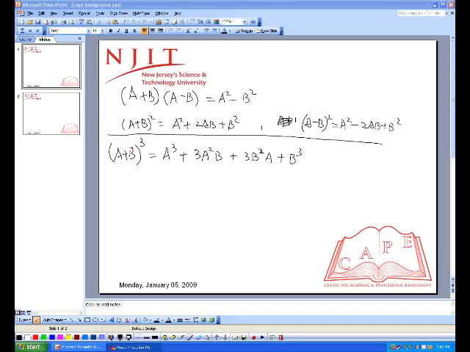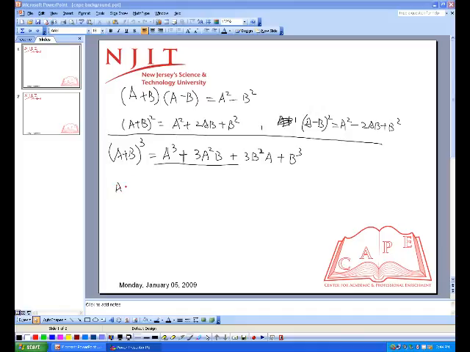So if you look at this, it's equal to the first term cubed and also the last term cubed, plus 3 times the first term squared times the second term, plus 3 times the second term squared times the first term. Okay, so this is a useful formula that might appear on your exam.